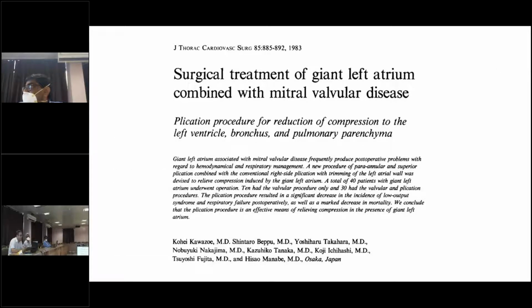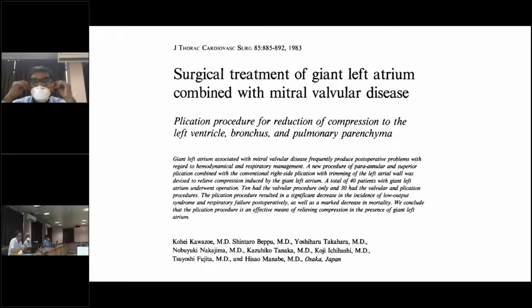Now, what is the surgical treatment of giant left atrium? In 1983, the first good article, of about 40 patients with giant left atrium, was presented by Cavazo et al. They divided their treatment into three portions. One subset was not offered any surgery for left atrium enlargement.